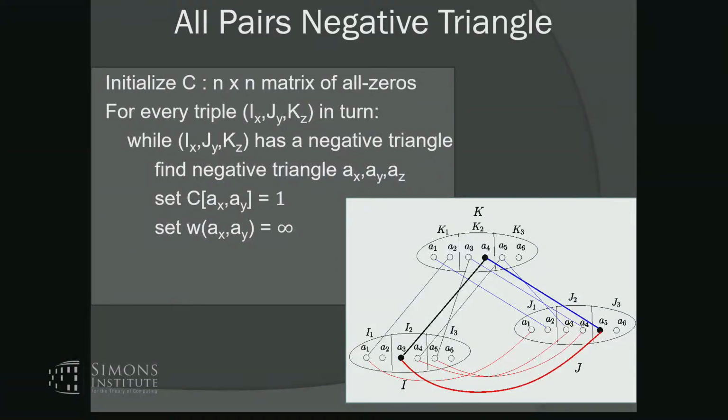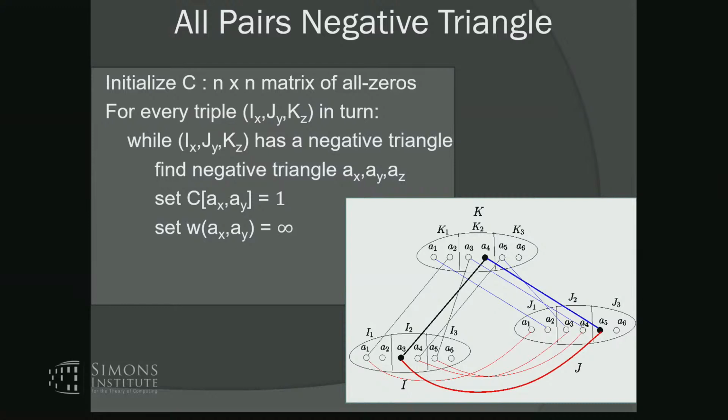We only care about the pairs where one is in here and one is in here. For that reason, we're allowed to set the weight of this edge to infinity when we find a negative triangle, because this edge does not participate in any of the other negative triangles we're trying to find between I and J.